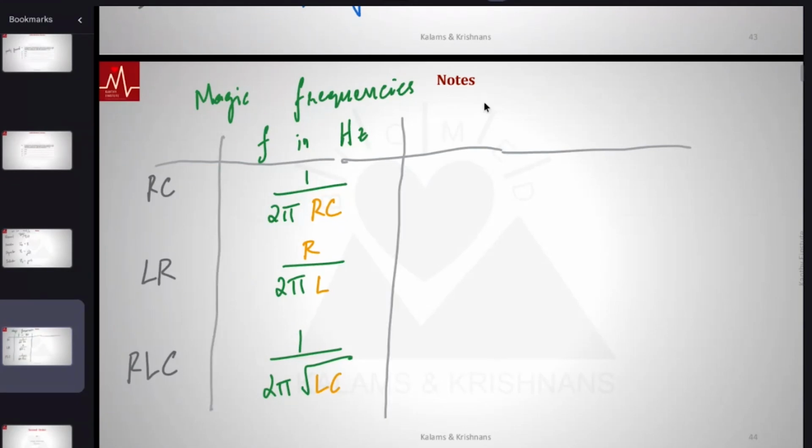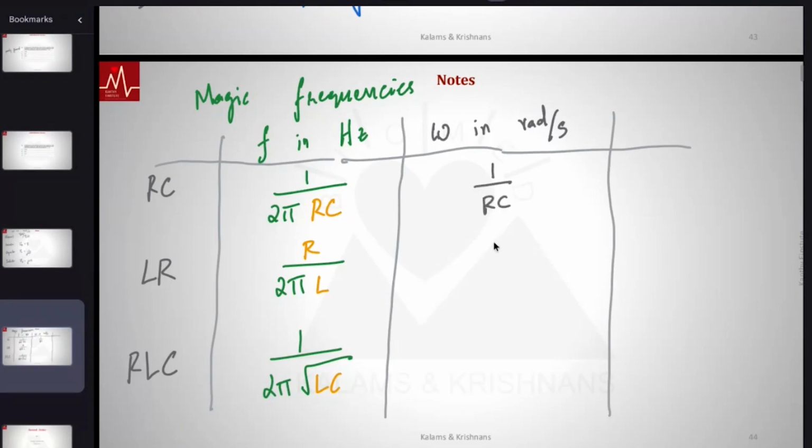And just in case, there are a few other things. If frequency is in rad per second, often mistakes are made with this confusion between hertz and radians per second. Even traps are set there, so let me be explicit here. This is 1 by RC.